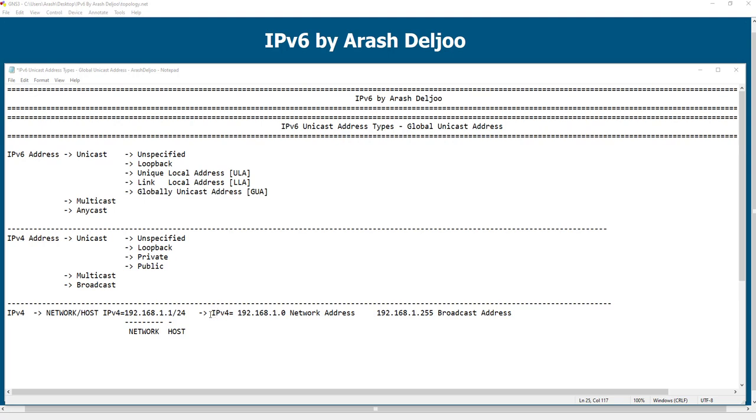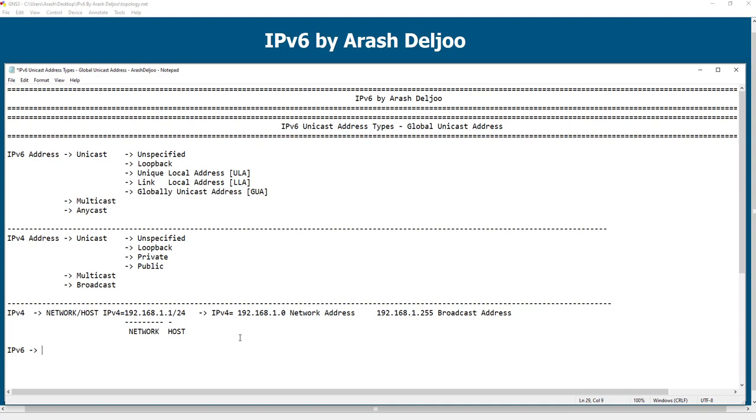Inside a network, all of the hosts should have the same network address, and all of the hosts in the same network should have different host IDs. This is for IPv4. Similarly, in IPv6 we have two parts.